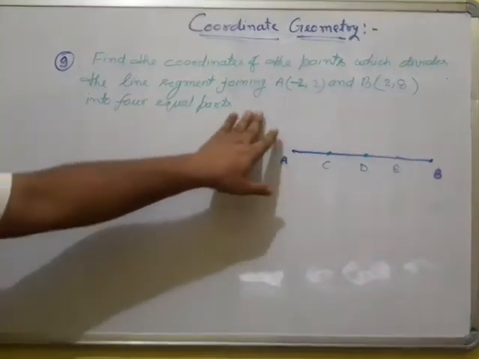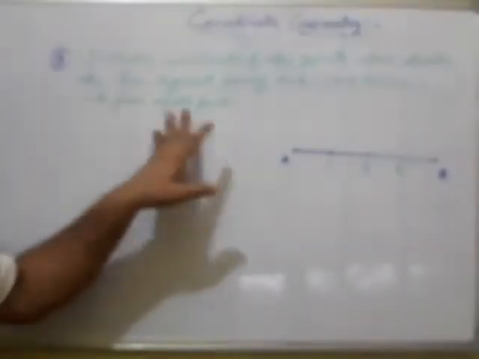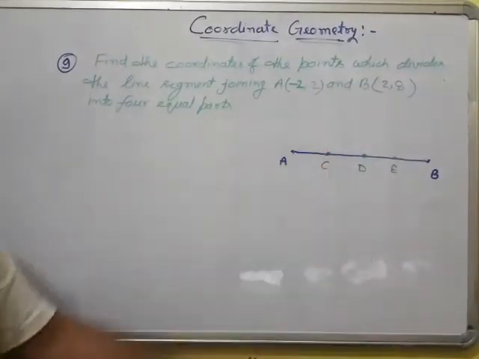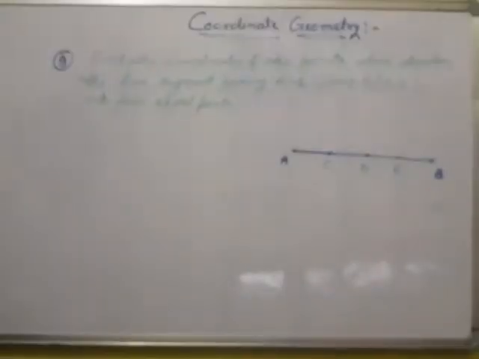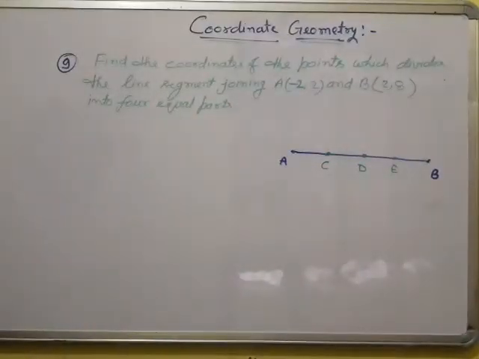The line segment AB is divided into 4 equal parts, and we have to find the coordinates of these points. Clear?